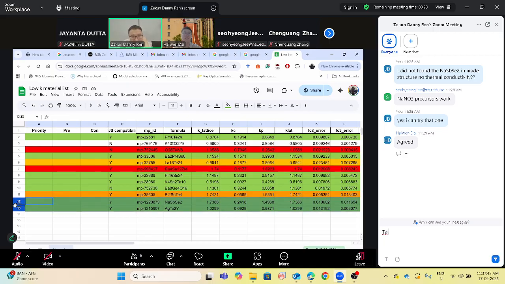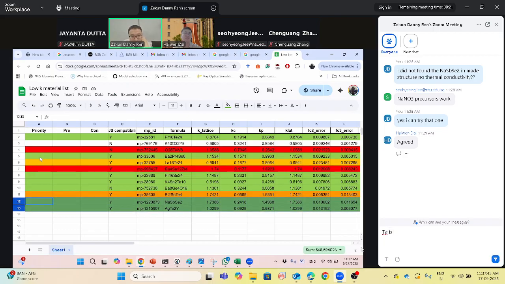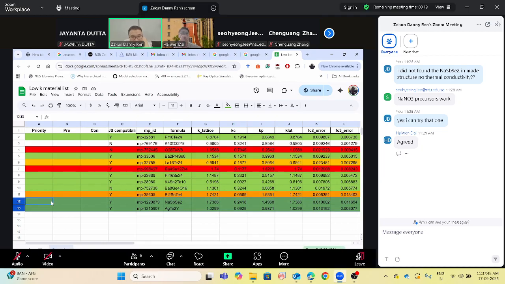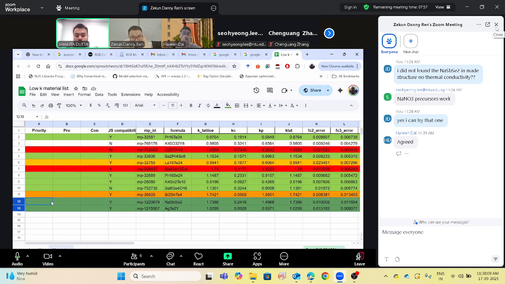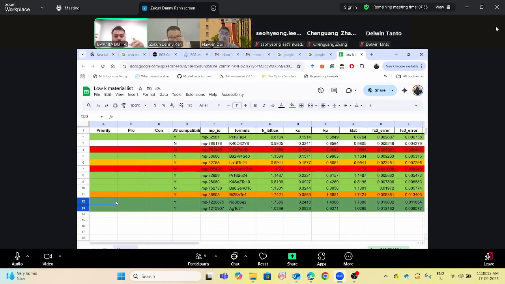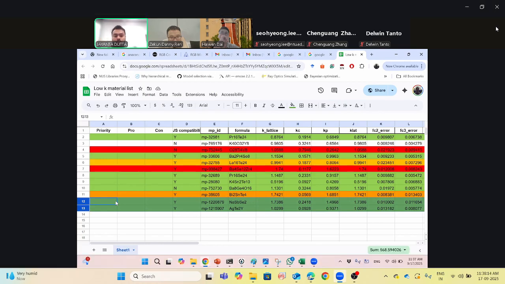If you're going to put a priority, how would you rank the priority here? Oh, but it's nothing critical, right?